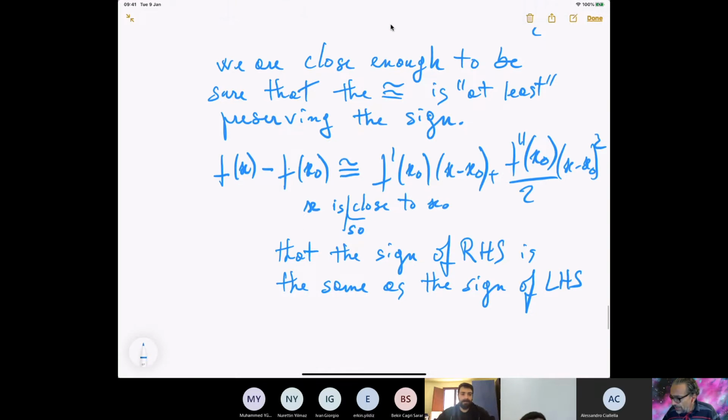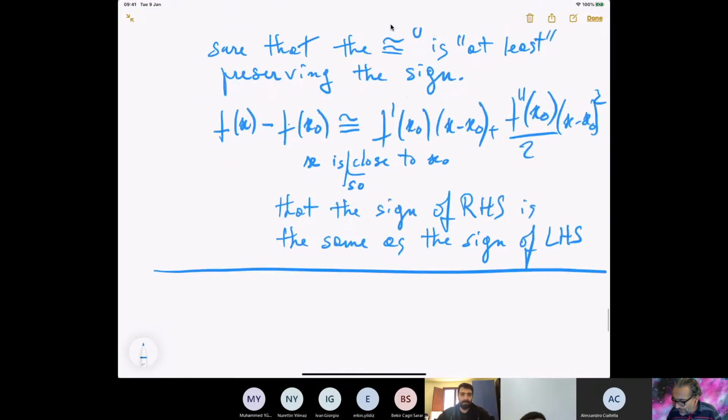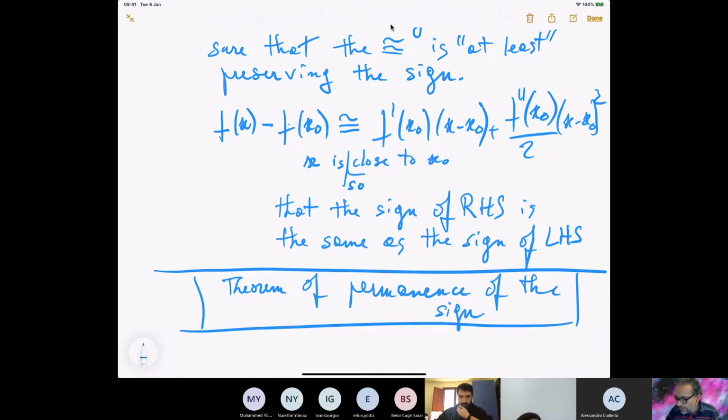Okay, I think that you have heard the theorem of permanence of the sign in a limit procedure.